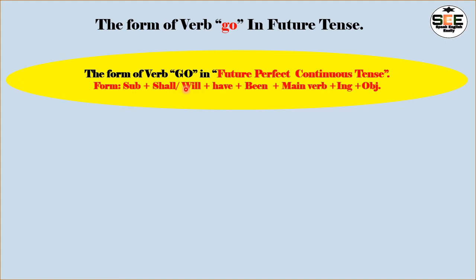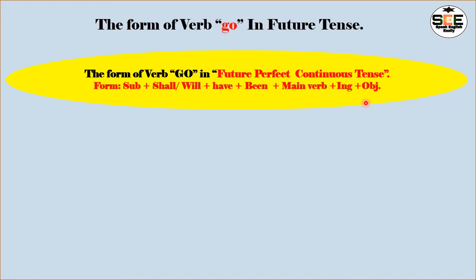This is the main formation of a future perfect continuous tense. That means whenever we want to write any future perfect continuous tense, we need to follow this formation of a sentence. So in order to understand it very deeply, here is the table.